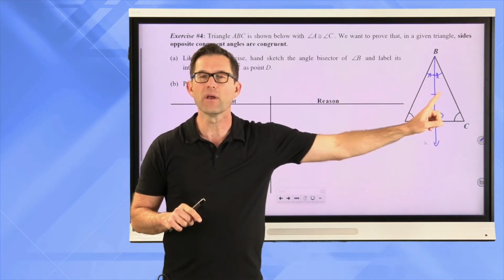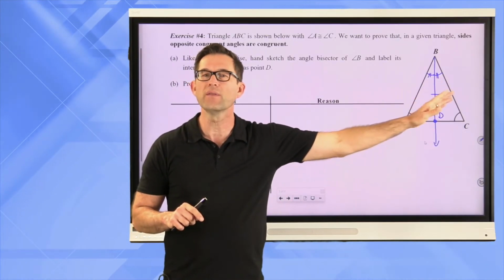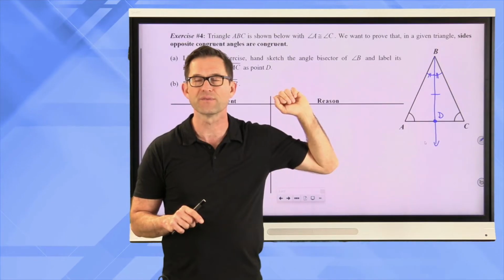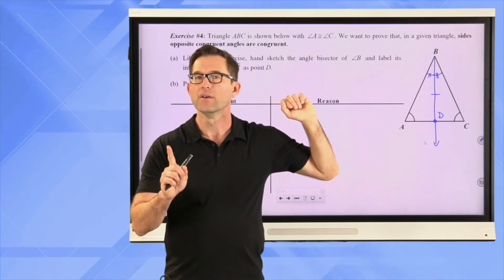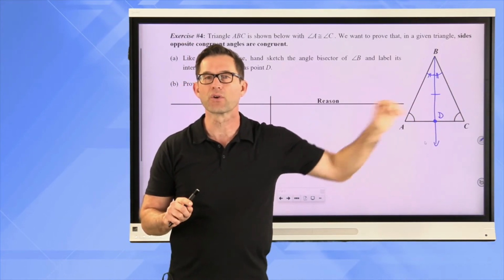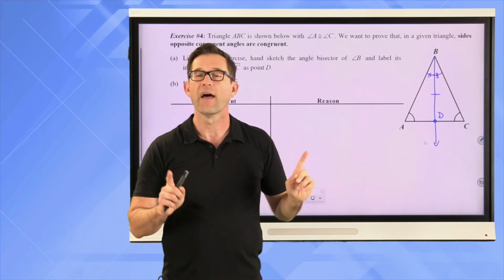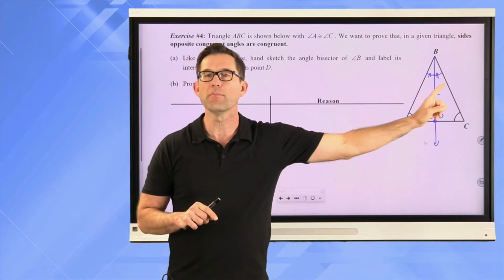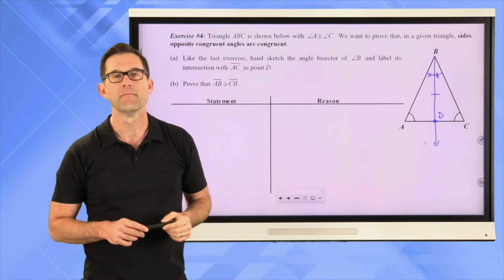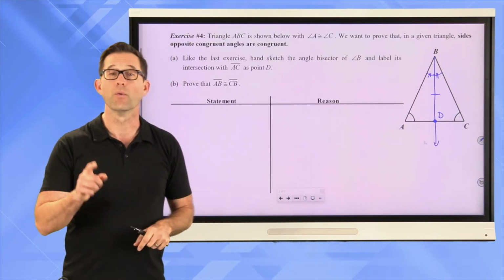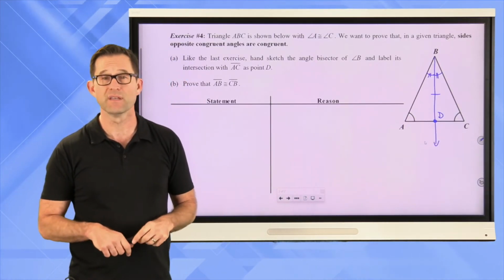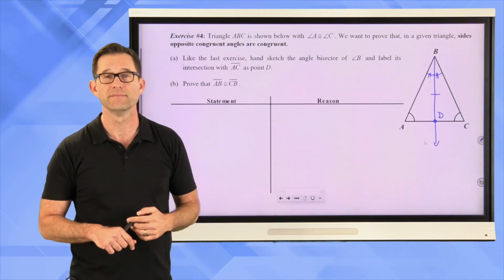Now the side that we know is congruent is not between the 2 congruent angle pairs, yes? All right. So we can conclude that those 2 triangles are congruent by angle angle side, and that will then allow us to conclude that AB is congruent to CB by CPCTC. So pause the video now and see if you can get this whole proof written out.